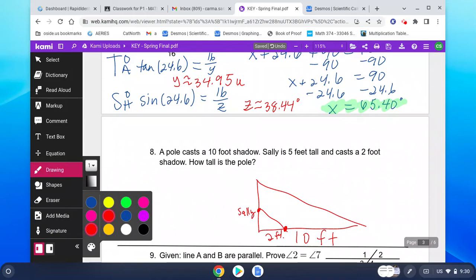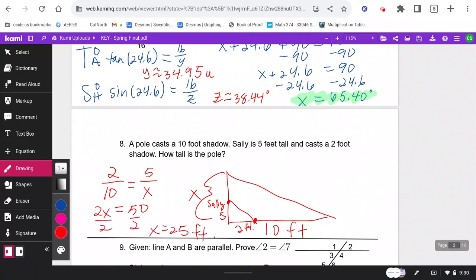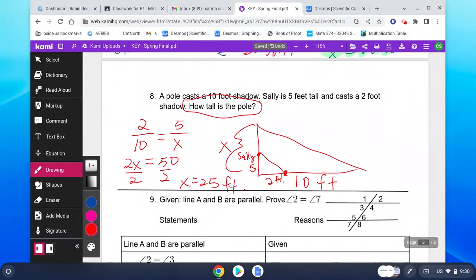So what we have going on here are two similar triangles, and we're saying 2 is to 10 as, and Sally over here is 5. 5 is to what? So the smaller triangle to the longer bottom, and then the smaller height of Sally to the longer pole. That's our unknown, this big old X. So we say 2x equals 50. Height of the pole is 25 feet. So that's a word problem using similar triangles.